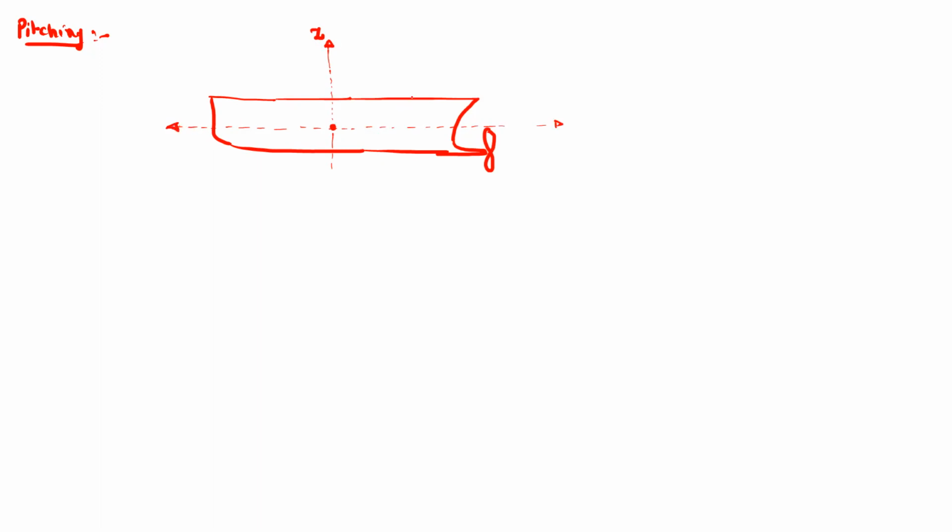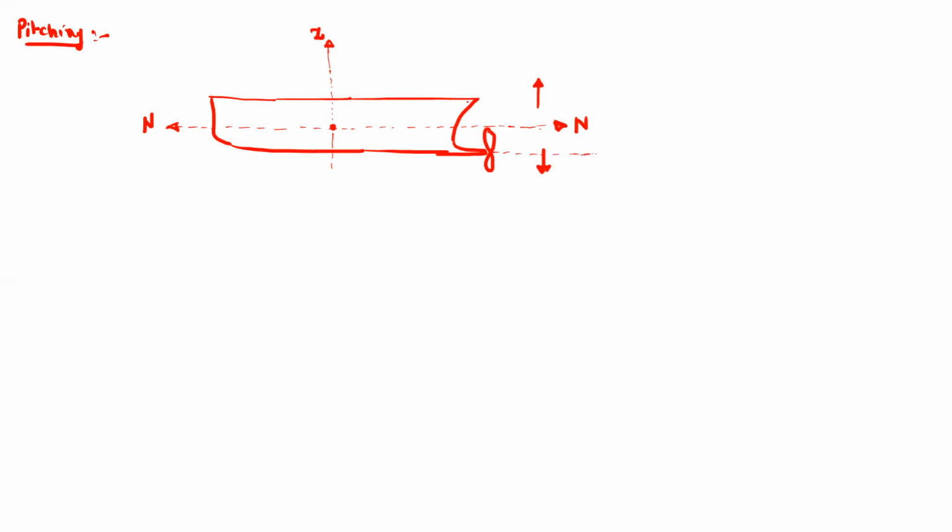Okay. Now during the pitching motion, this bow end will move up and down. So I will assume this axis, let us assume this as NN, because we have used the x-axis for the axis of spin.